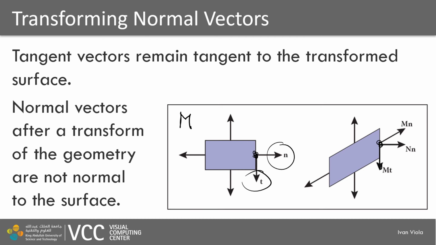It has been transformed so that it is parallel to the sides of this parallelogram. So this is not good, and therefore we need to transform the normal vectors in a different way.